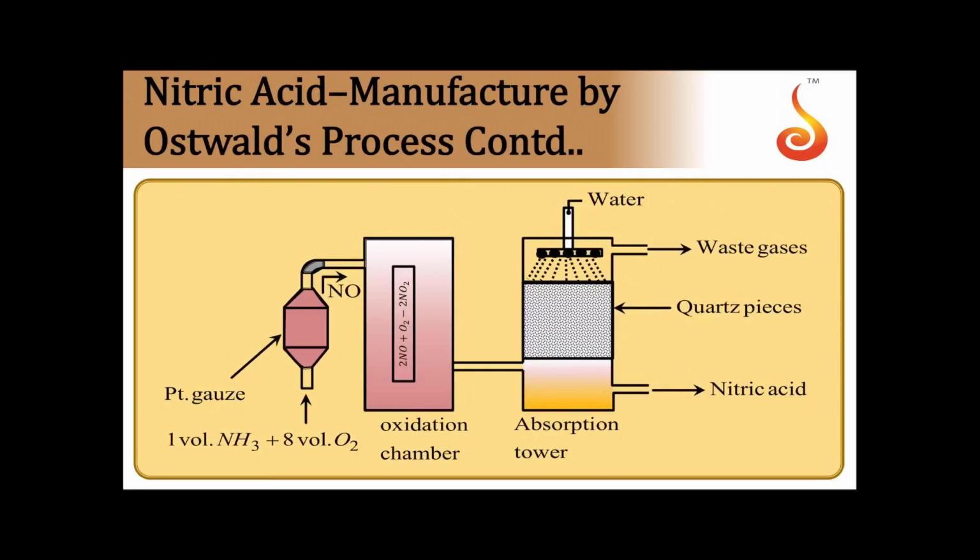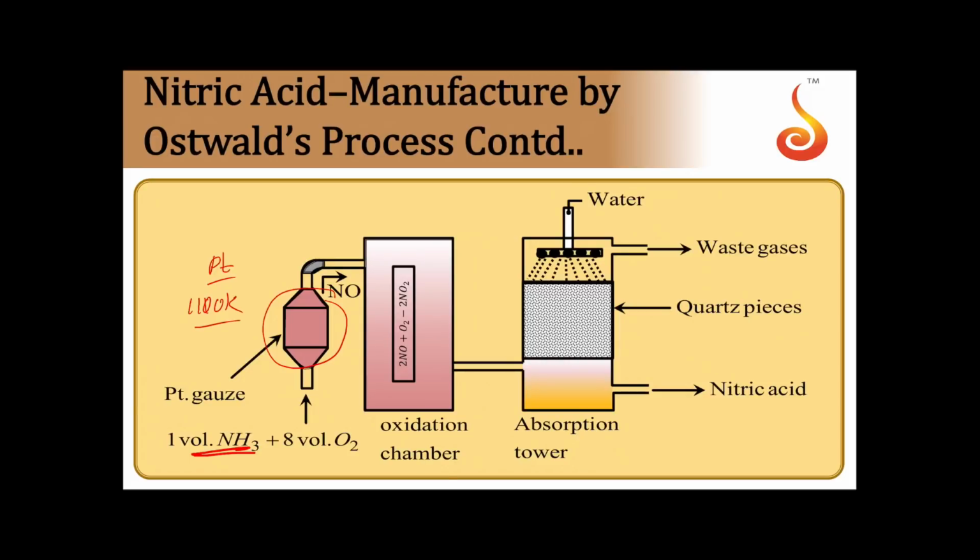Let us now see Ostwald's process. A mixture of dry ammonia and purified oxygen, especially free from dust, is passed into the catalytic chamber. The chamber contains platinum gauze, heated to a temperature of nearly 1100 Kelvin.